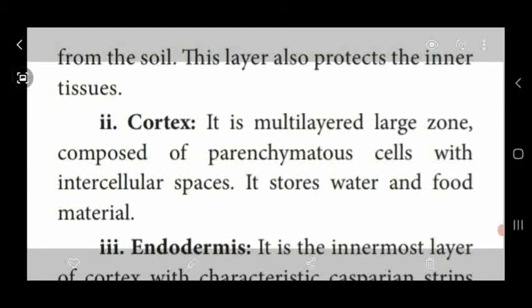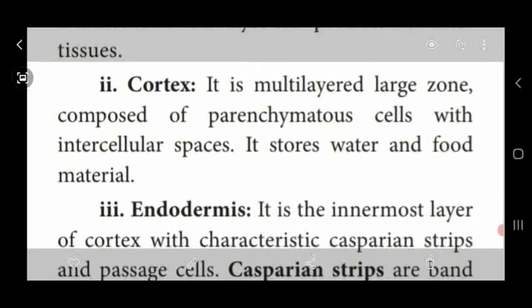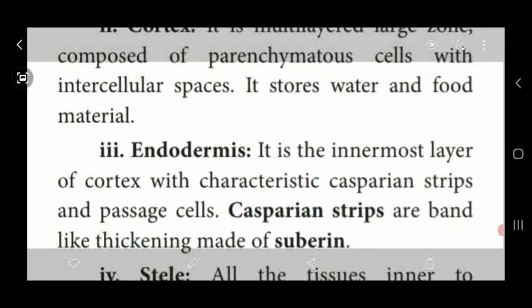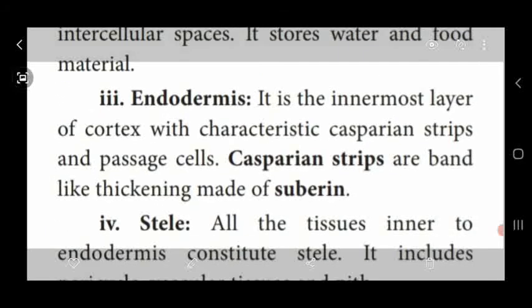Next one, cortex. The same as before: multi-layered, large zoned parenchyma cells with a lot of intercellular spaces, storing water and food material. Next one, endodermis. This is also the same. The innermost layer of the cortex is called endodermis, barrel-shaped, closely packed parenchymatous cells.